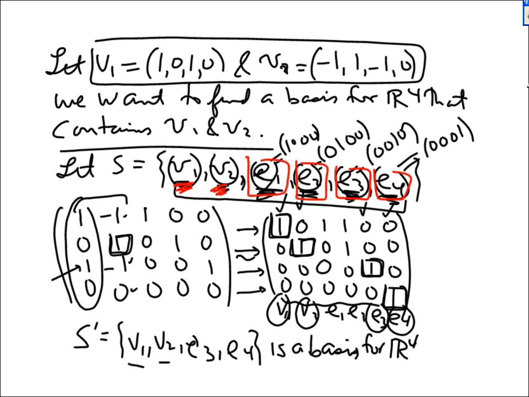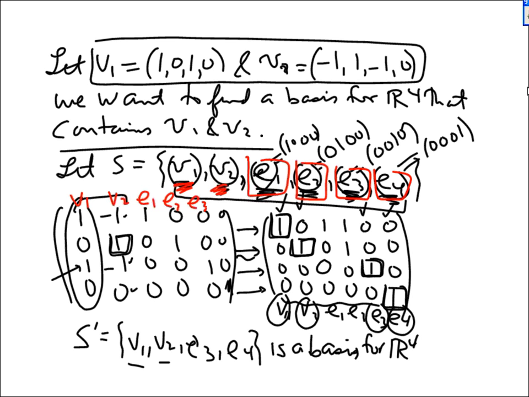E1, E2, E3, E4. So here I put V1 as a column, V2 as a column, E1, E2, E3, and apparently I left out the last one, sorry. E4, let's put it in black: 0, 0, 0, 1, that's E4.